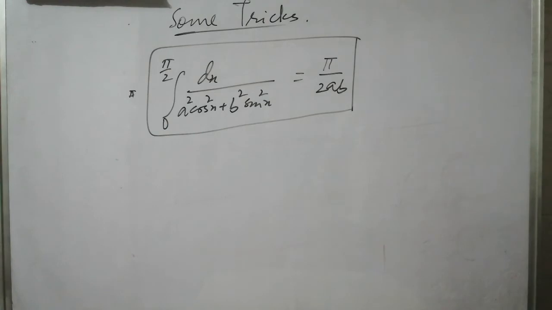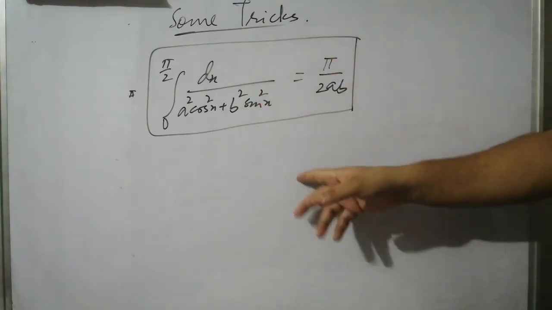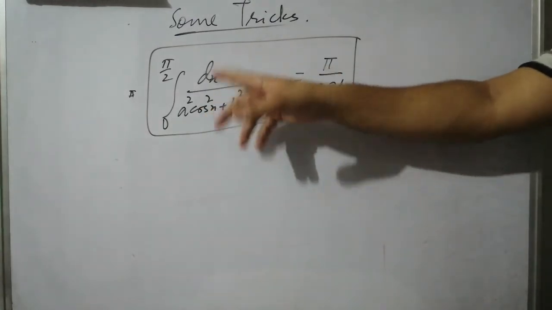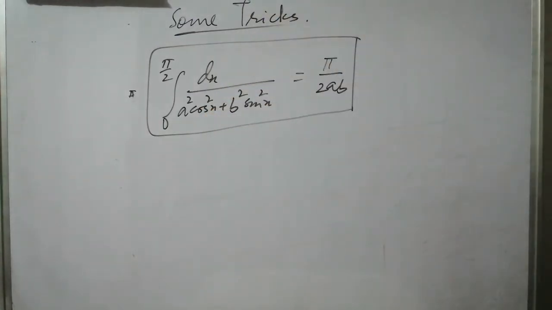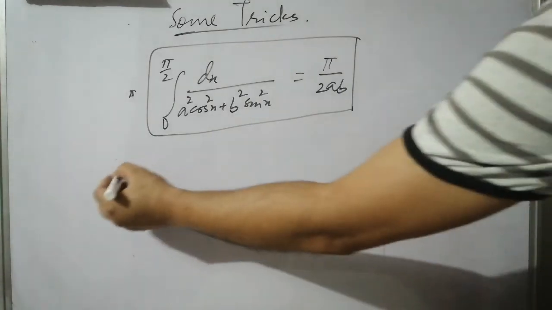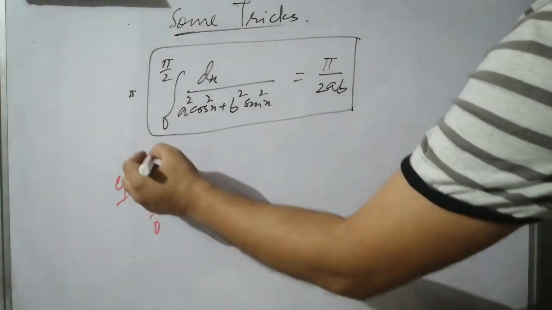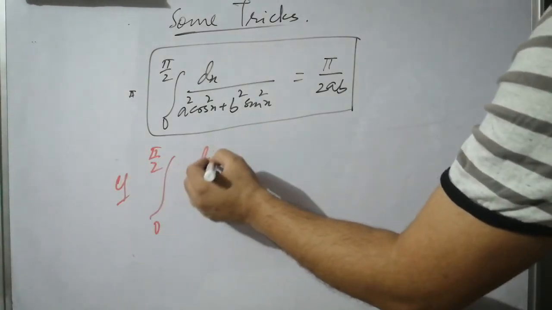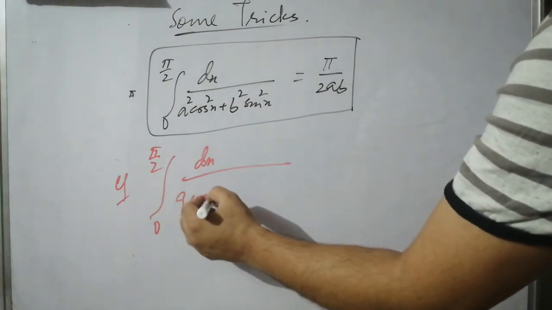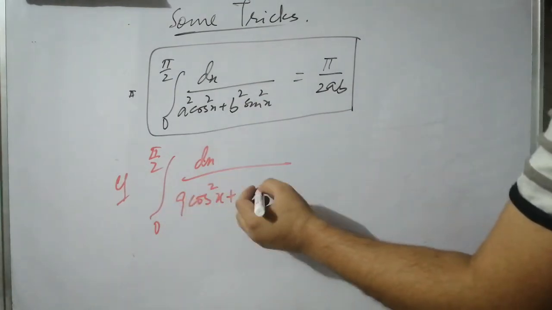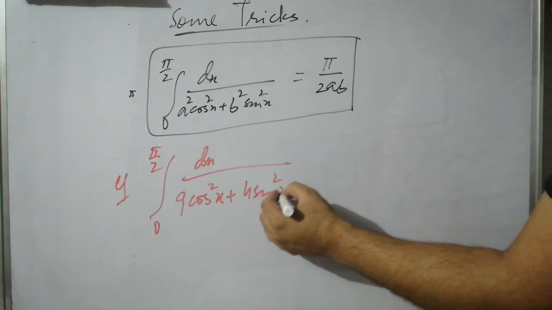So this is the next trick, 0 to pi by 2 dx upon a square cos square x plus b square sin square x. अगर आपको याद होगा पिछले सेशन में हमने क्वेश्चन किया था और उसके बाद मैंने बता दिया था, इसको आप छोड़ दीजिए, डिवाइडिंग न्यूमरेटर एंड डिनोमिनेटर बाय cos square x. अभी कहाँ पे अप्लाई कर सकते हो? Like you can apply it somewhere like 0 to pi by 2 if it is dx upon, let me say 9 cos square x plus 4 sin square x.